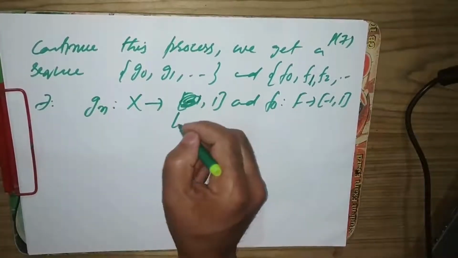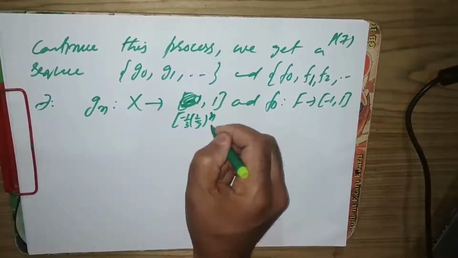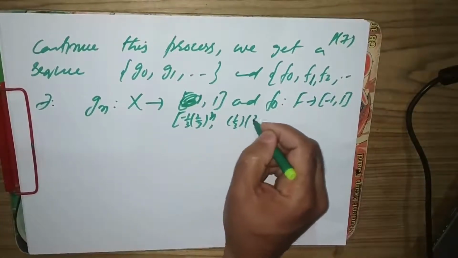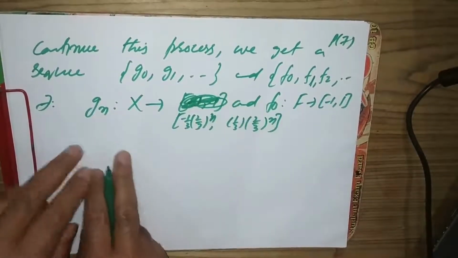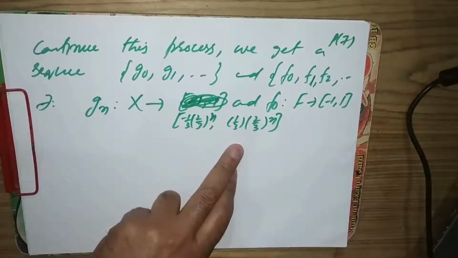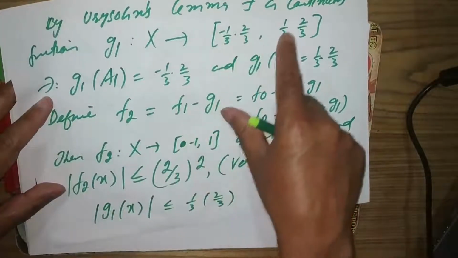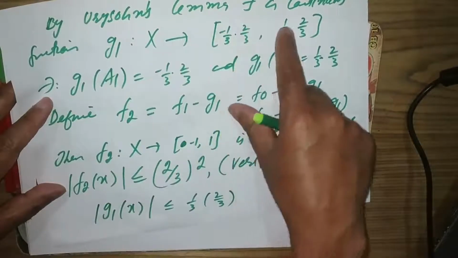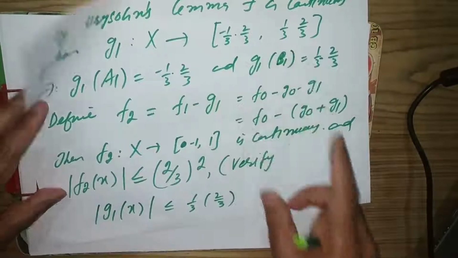Gn is a function from x to the interval minus 1/3 into (2/3)^n to 1/3 into (2/3)^n. What's g1? g1 is a function from x to minus 1/3 times 2/3, 1/3 times 2/3. So g2 will be minus 1/3 (2/3) squared, 1/3 (2/3) squared. So in general gn will be minus 1/3 (2/3)^n, 1/3 (2/3)^n.